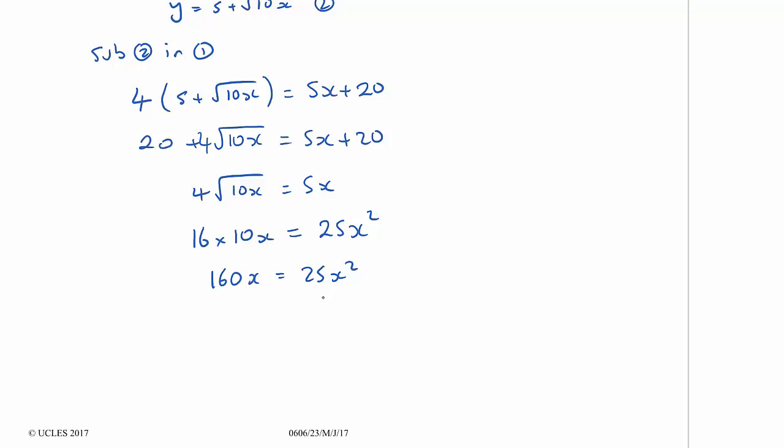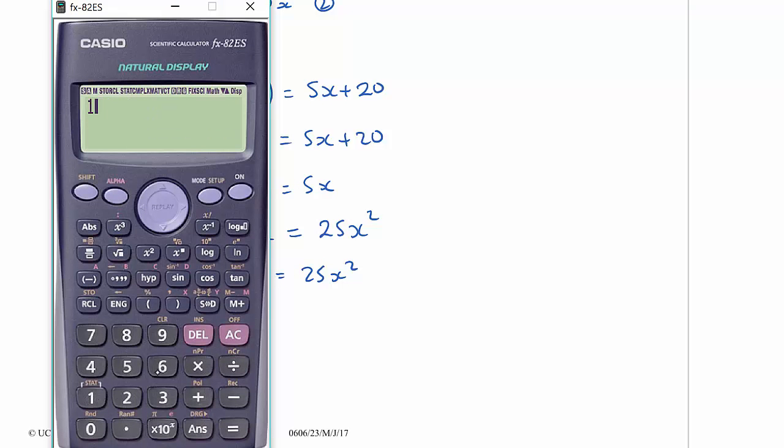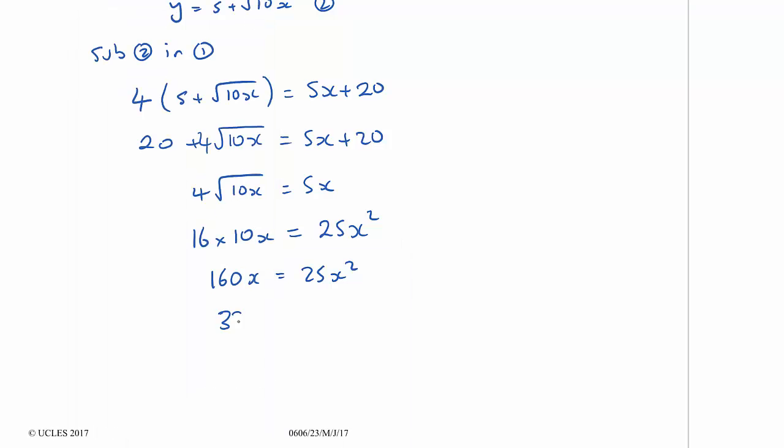And what can we do with that? Well, we can divide by 5 to start with. So 160 divided by 5 is 32. So 32x equals 5x squared. And then we've got x equals 0, or we can divide through by x, which gives us 5x equals 32.